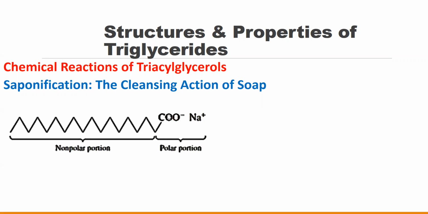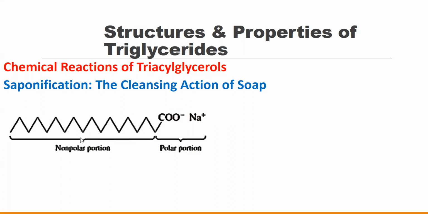And this being polar, you have an atom that is negatively charged. It can easily have intermolecular force of interaction with water. And this part here, the hydrocarbon chains, are the non-polar portion. You don't see an electronegative atom that bears a partial negative or partial positive charge.